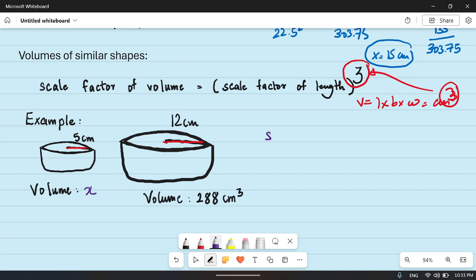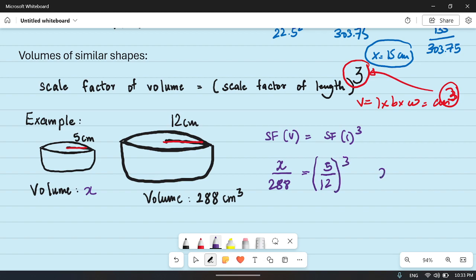So we know that scale factor of volume is scale factor of length cubed. So I need x over 288 equals 5 over 12, cubed.